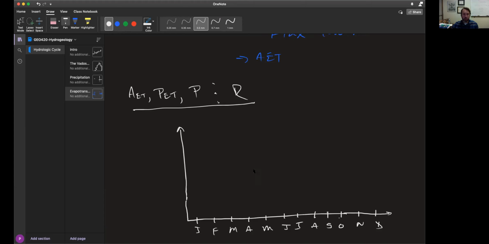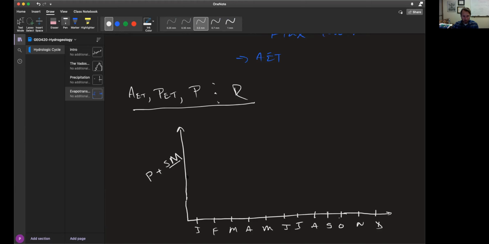All right, so precip in Montana. Well, let's call this precip plus snowmelt. All right. So January and February, and I'll make precip and snowmelt be white.